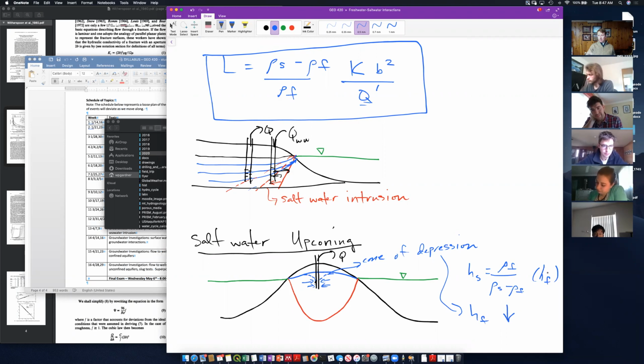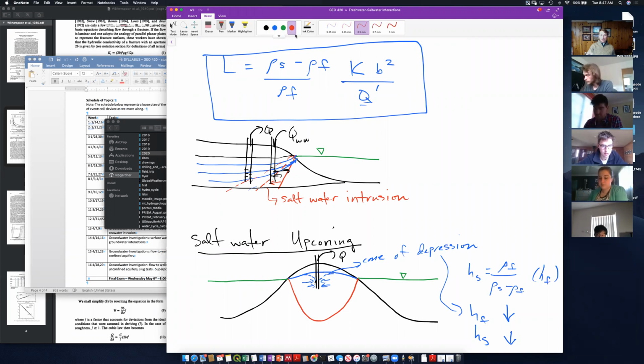So if this gets smaller, what happens to the depth of my saltwater interface in this equation? It would decrease. Yeah, H sub S then goes down.